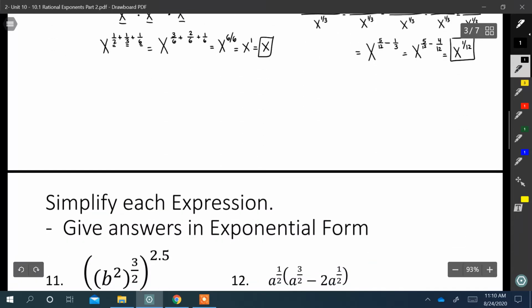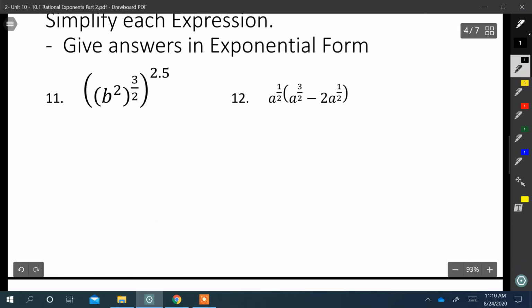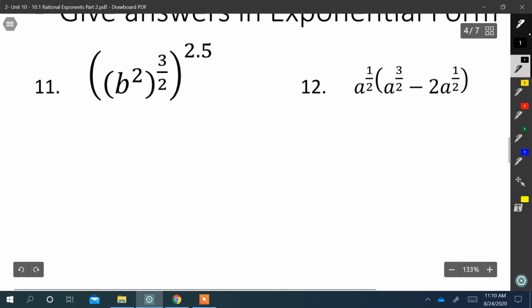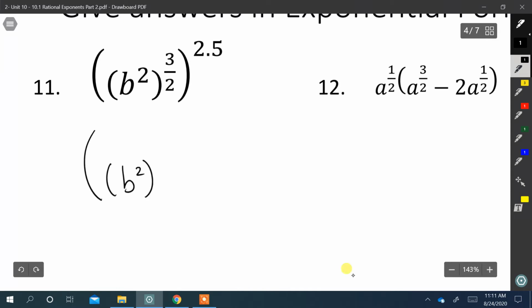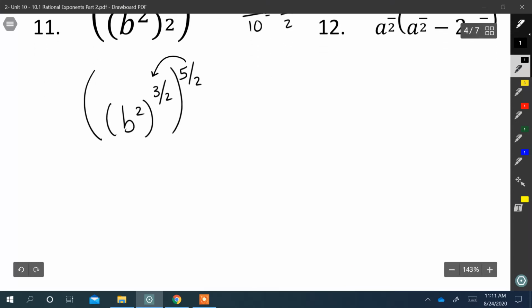Let's do 11 and 12 here. So first of all, on this one here, I want to rewrite that 2.5 as a fraction. We kind of went over that. It will be like 25 over 10, which is the same as 5 over 2. So I'm going to rewrite that as 5 over 2. What you can do on this one is multiply.